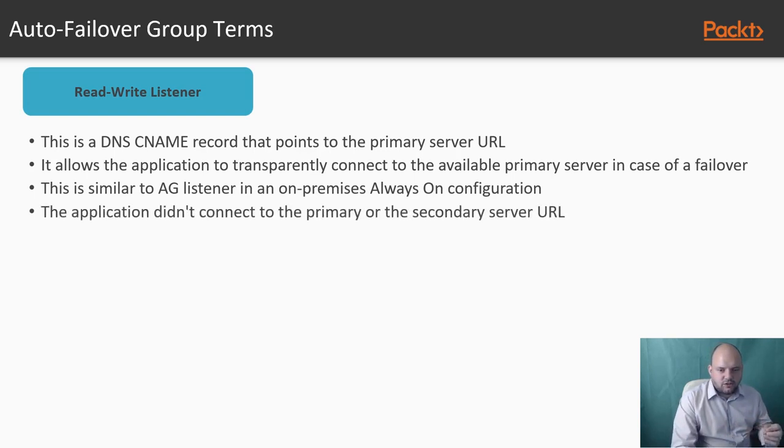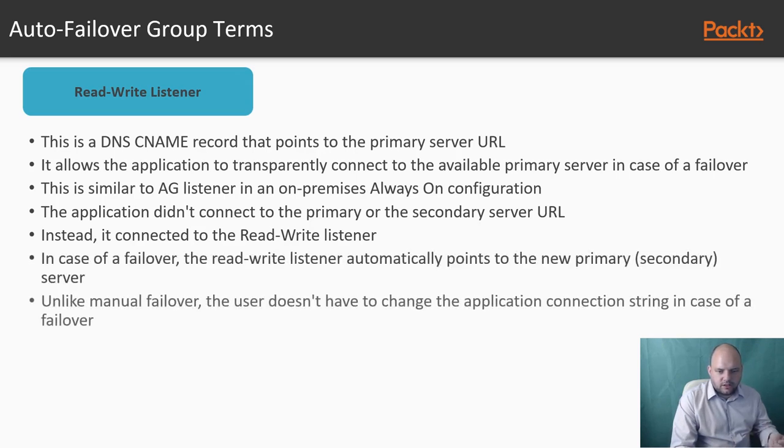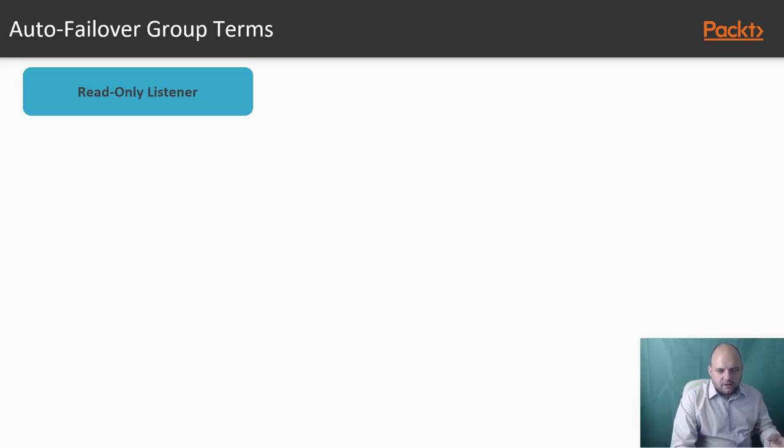The application doesn't connect to the primary or the secondary server URL. Instead, it connects to the listener. Now, in case of a failover, the listener automatically points to the new primary server. So, unlike manual failover, the users don't have to change any connection strings in their application to redirect their application.